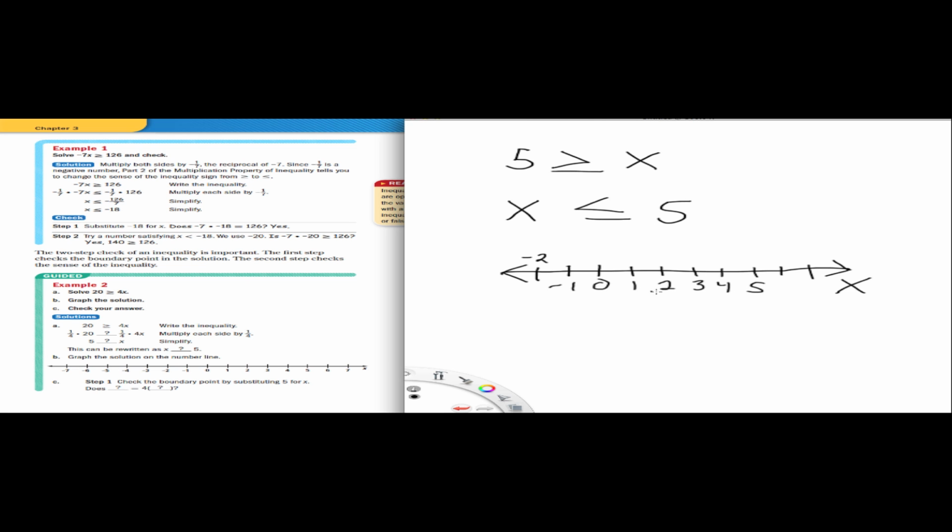Okay, so I've got a number line. It's the x number line. I have that x is less than or equal to 5. So 5 is included in the solution set, which means I put a dot there. I fill that in. That's part of the solution. The remainder of this is that it's less than that, so the numbers less than it are here to the left.